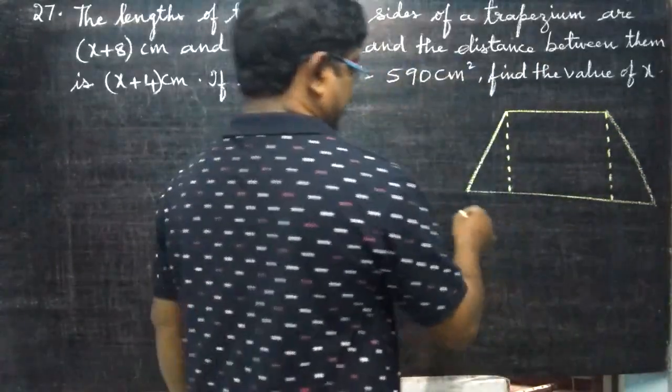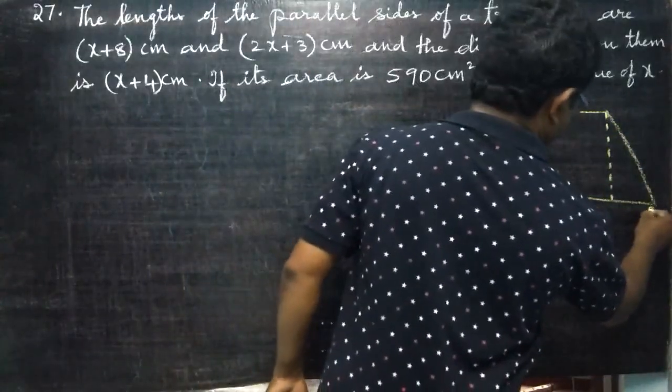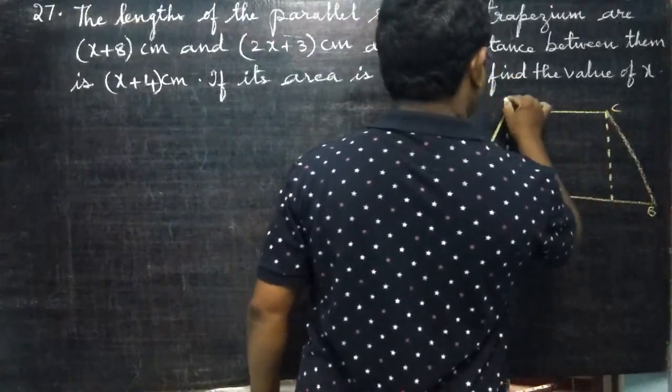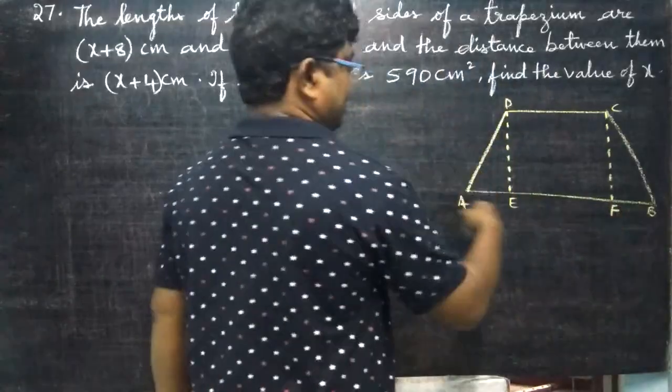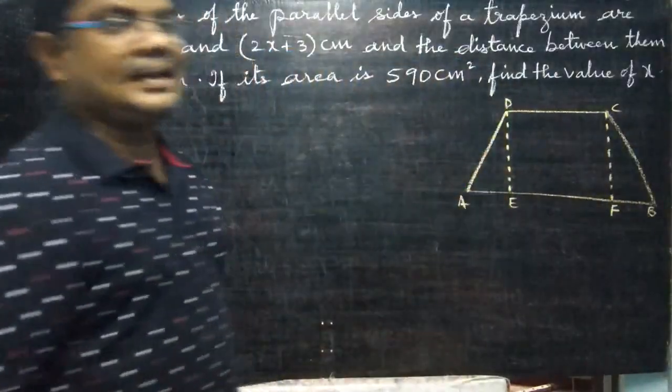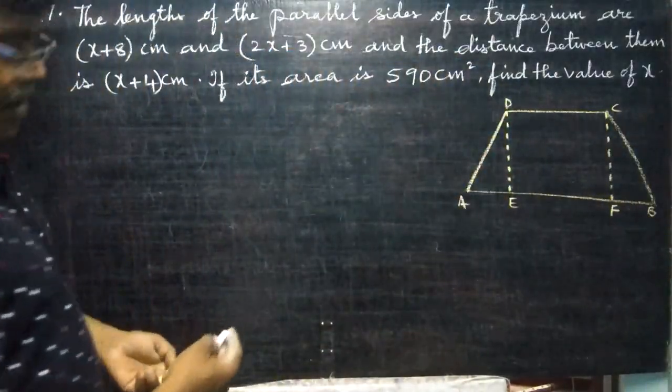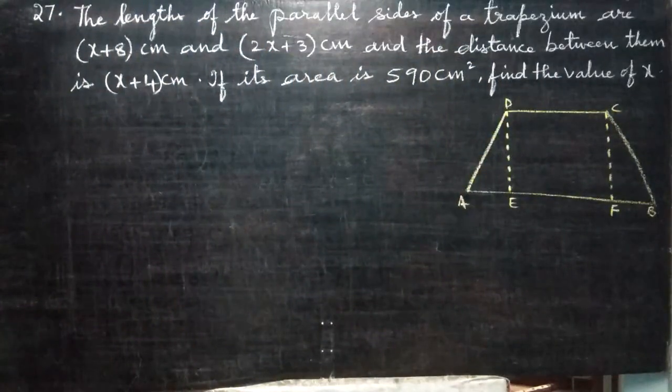So now A, B, C, D. ABCD is a trapezium. Are you able to follow? Now listen carefully.